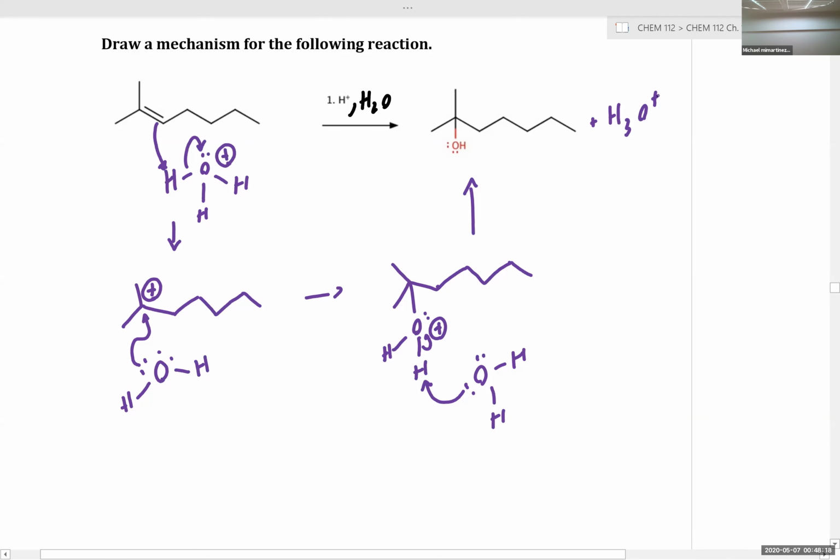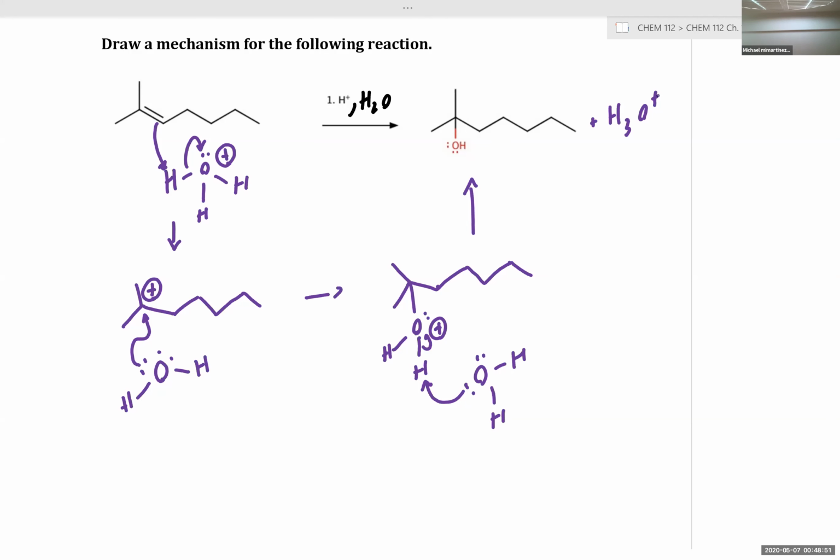In terms of other alternative products, not as much in this case because our alkene is already the most stable alkene we can get. We are not going to see any hydride shifts or anything like that, or alternative elimination products. This system is very much set up for a reasonable amount of selectivity, though typically in these addition reactions, you can get some interesting products.